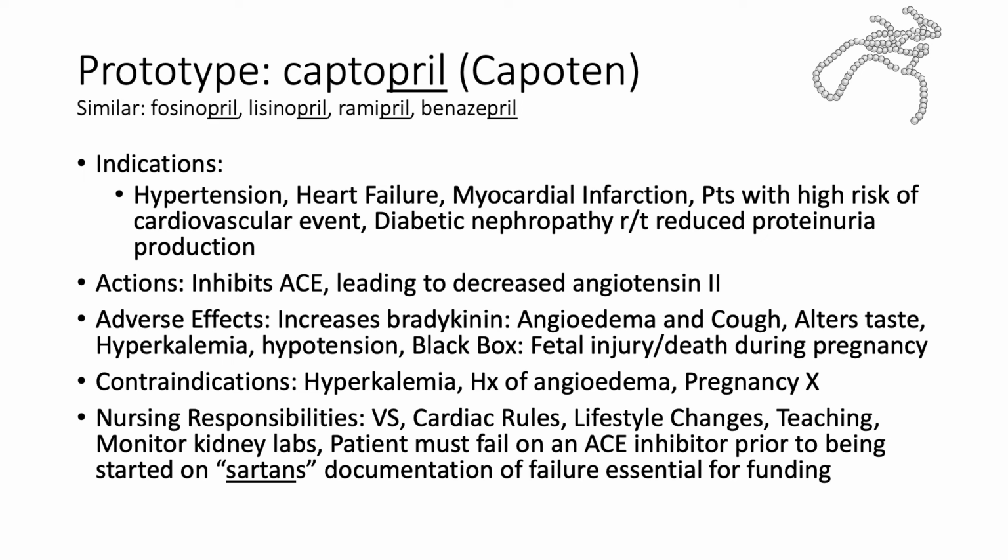You're reducing ADH secretion from the pituitary. You're stopping cardiac remodeling. You're reducing hypertension by allowing some vasodilation, since angiotensin II is a powerful vasoconstrictor. So this drug is very popular for hypertension.